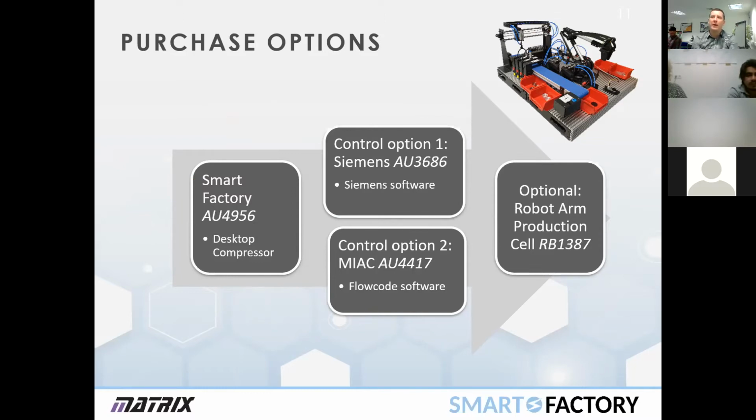Then the customer needs to choose a control option. And we've been through that. It's either control option 1 with Siemens or control option 2 with MIAC, and then the related software needs to also be available to the customer as well. And then finally, the robot arm production cell, which we advise is also added to the system, but is of course optional. Okay, so let's get on to pricing then.